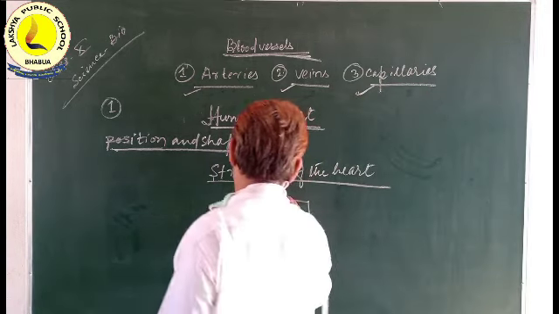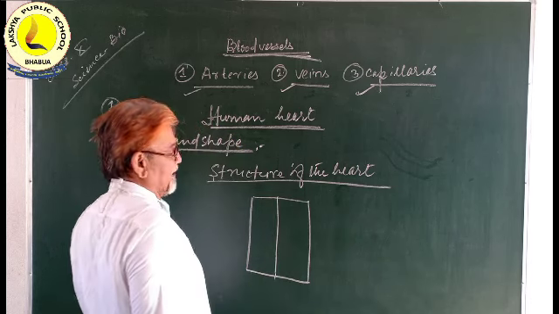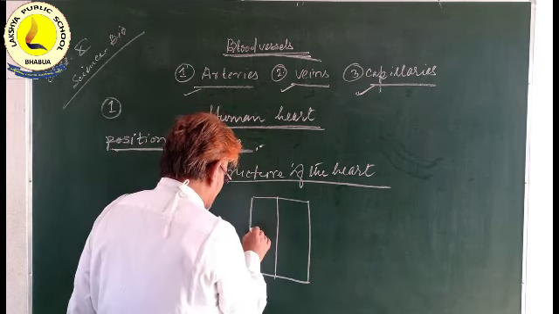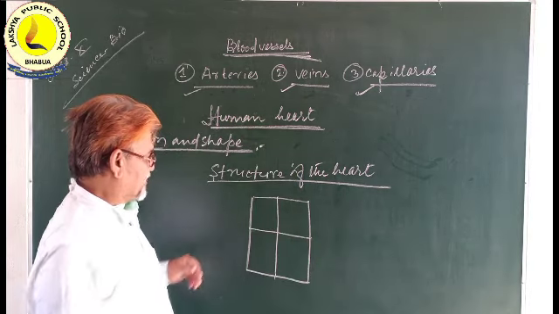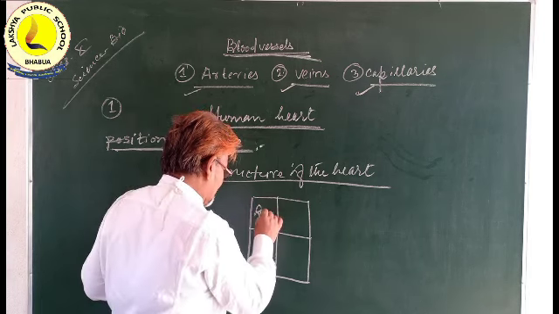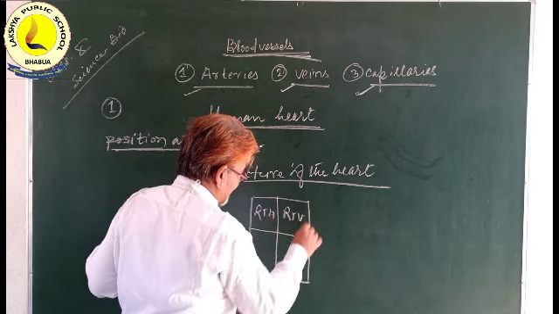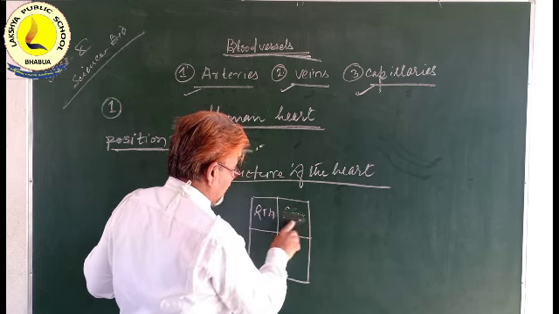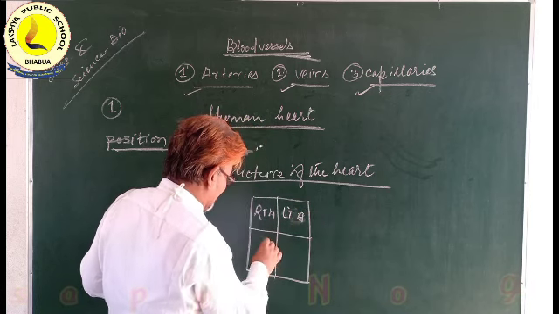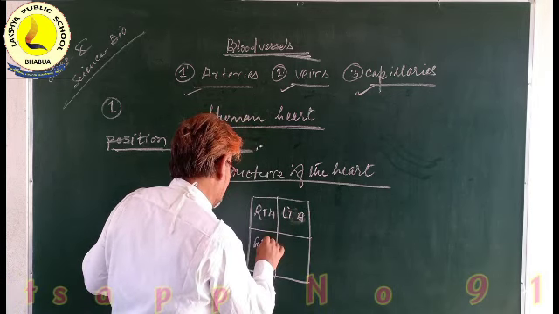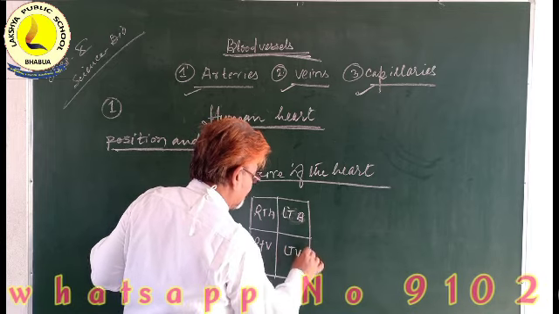First of all, I am going to divide the heart into 2 parts, left and right, then into another 2 parts, upper and lower. This is the right auricle, and this is the right ventricle, the left auricle, and the left ventricle.